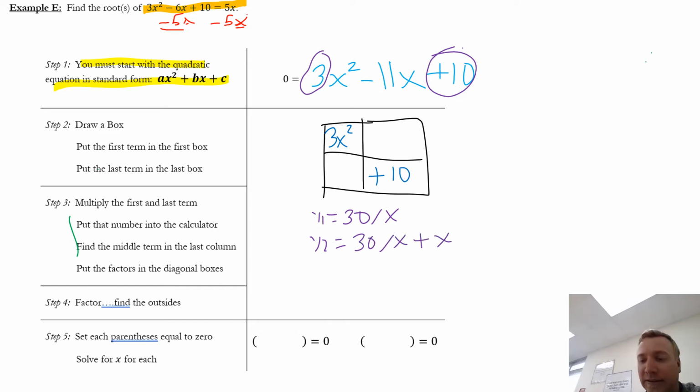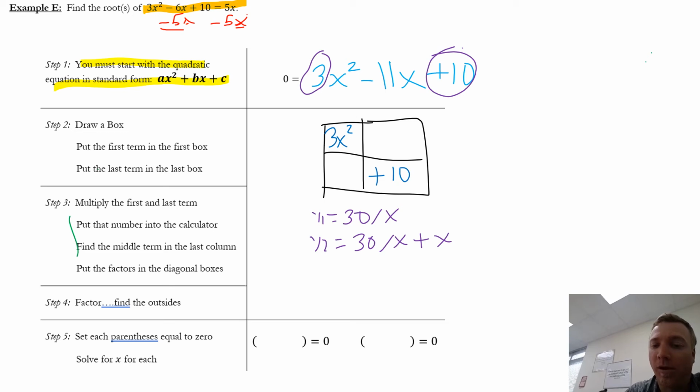So I'm going to give you a second. If you need to pause the video, do that and go ahead and plug that into your y equals screen. Once you have it plugged in, you're going to go to your table. Remember, we hit second graph. And in our table, we're looking for that last column to be our middle term, which our middle term here is -11.